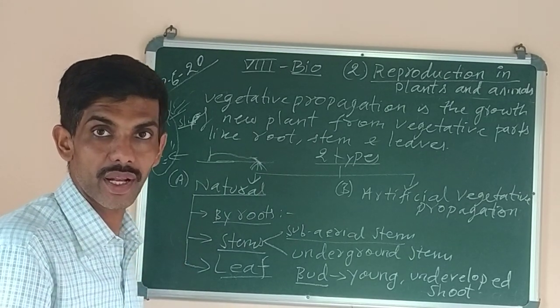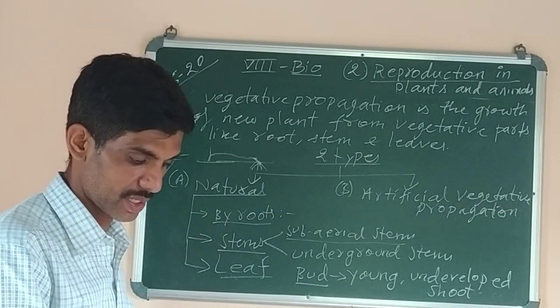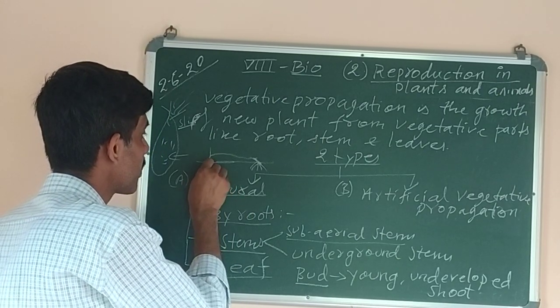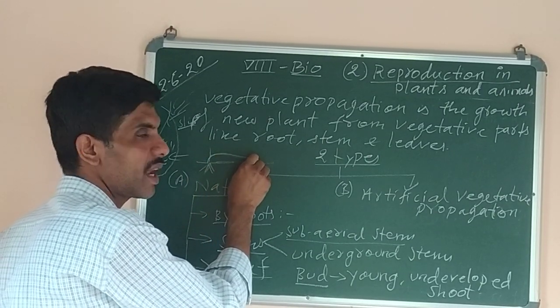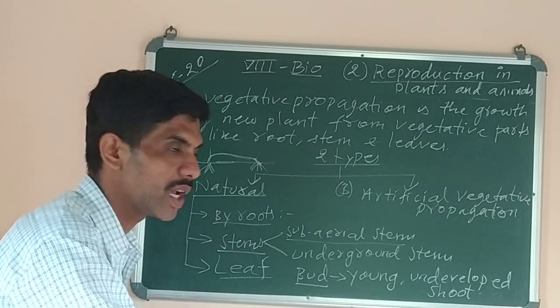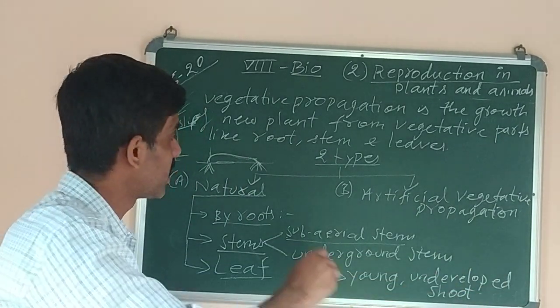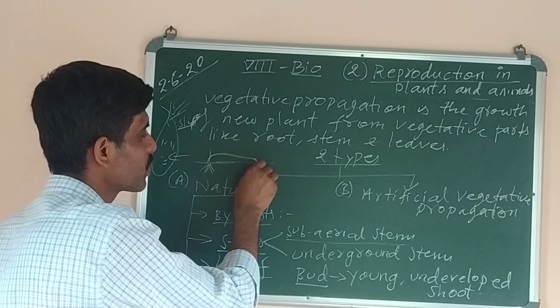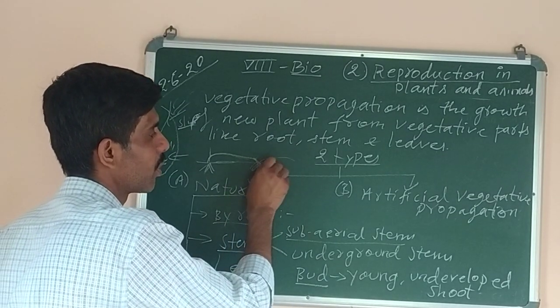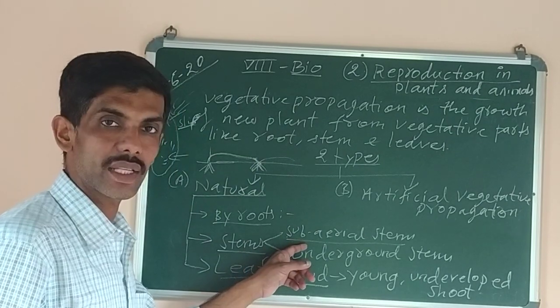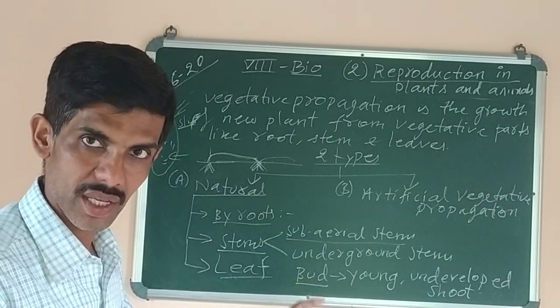Example, in the case of runner, you have seen runner, no, dub grass, that the main roots are here, the plant is fixed here. The stem, which is very soft and slender, will bend downward, run parallel to the ground, touch the ground, and those places where it touches the ground, they will develop roots, and again further it will grow. So runner is an example of subaerial stem.